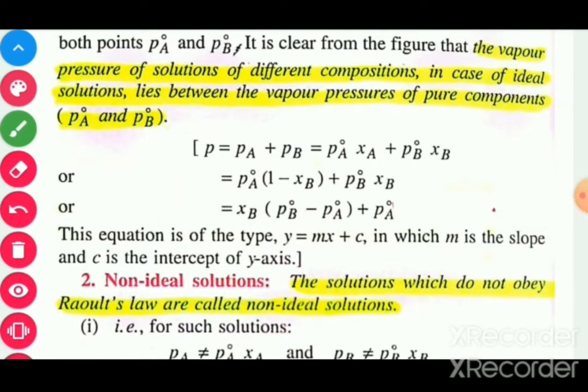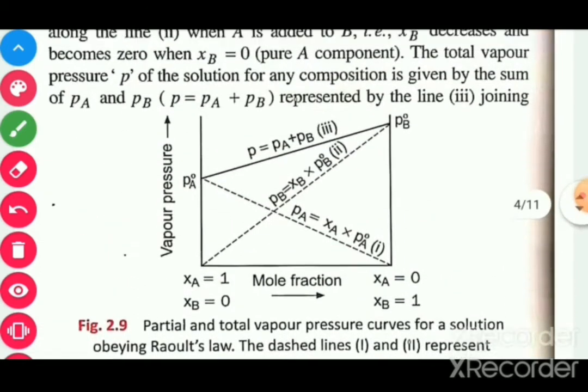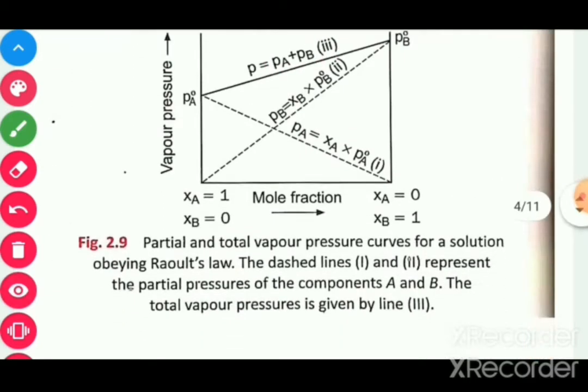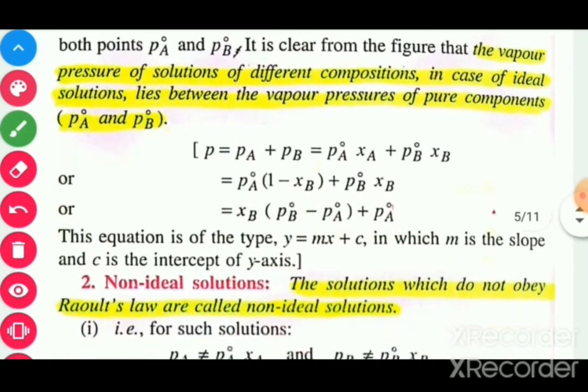If we take the total pressure of solution, then P is equal to PA plus PB. If we put in the values, we will get the equation for ideal solution.